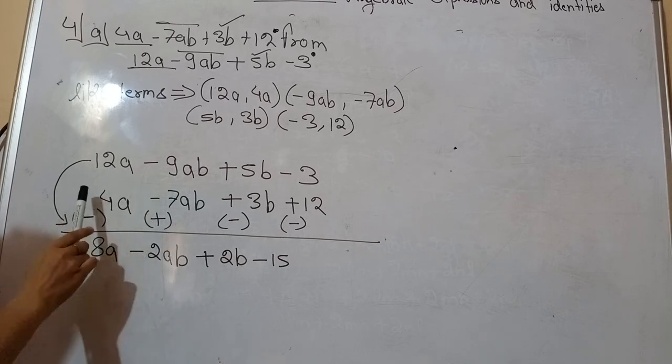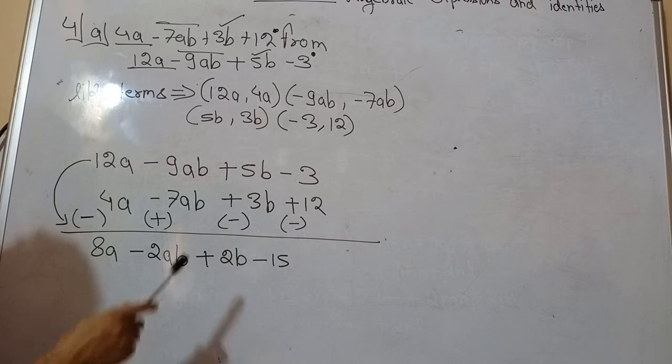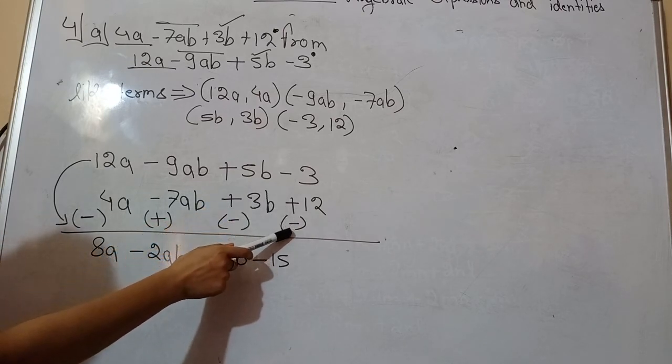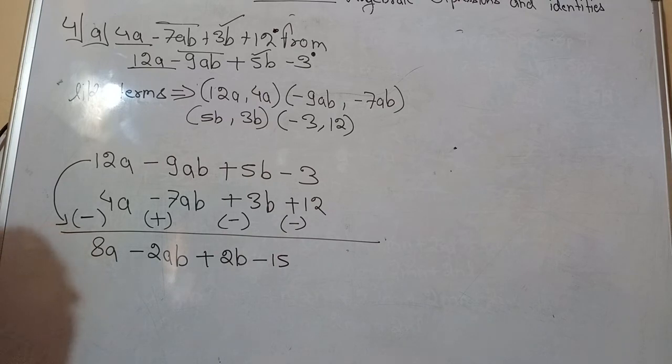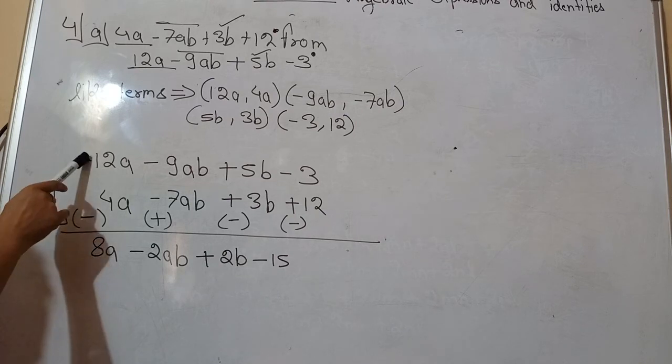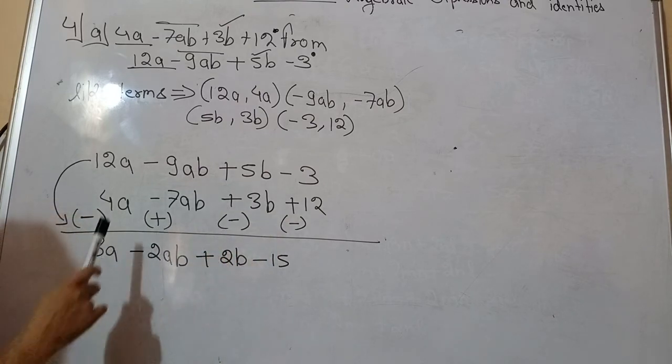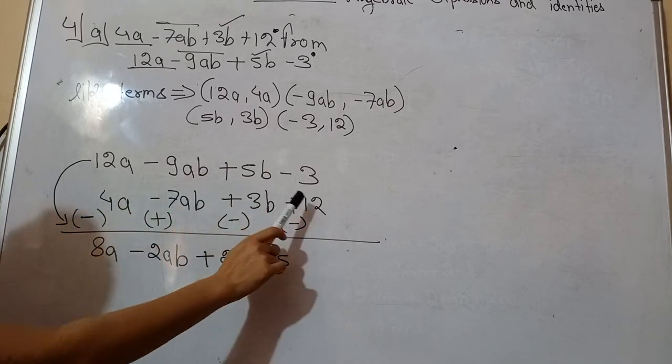We have to change the sign of the second term only. Plus sign we change to minus, and plus sign again we change to minus. You have to just write the opposite of the sign given in the second term. Now whatever process you apply, you apply with these new signs. Forget the old signs; now we have changed the sign, so forget all the signs the terms originally had.